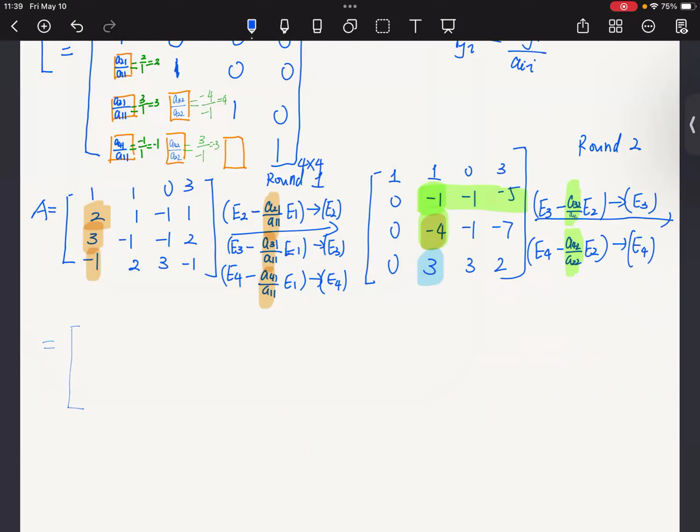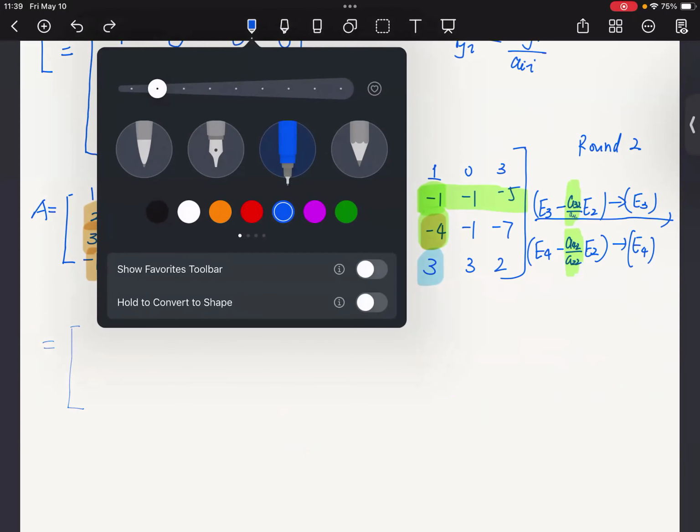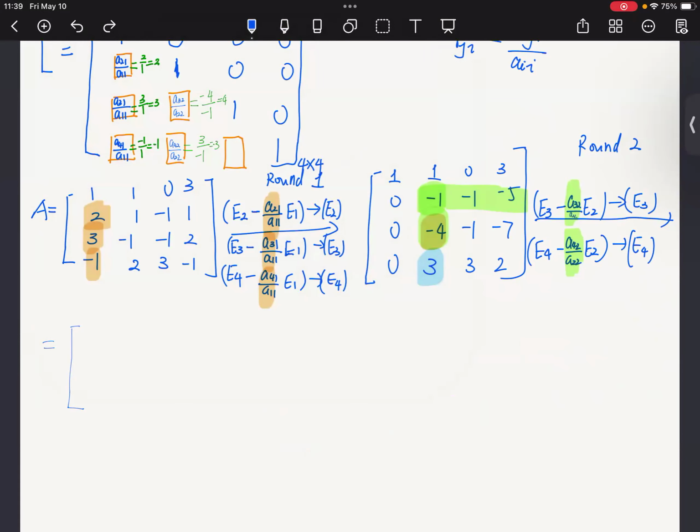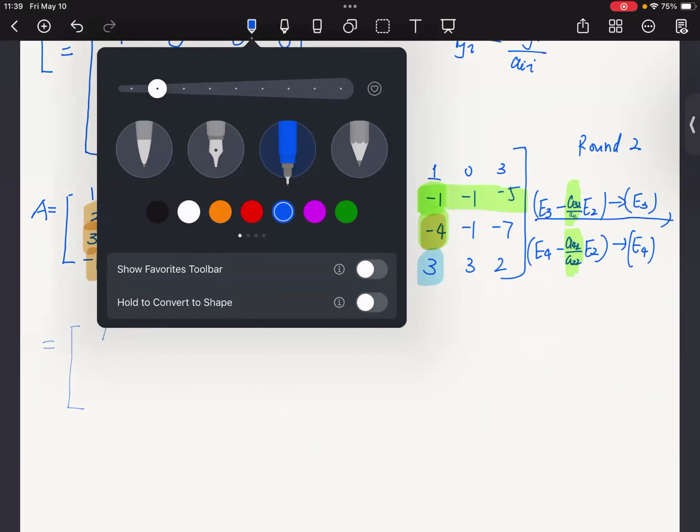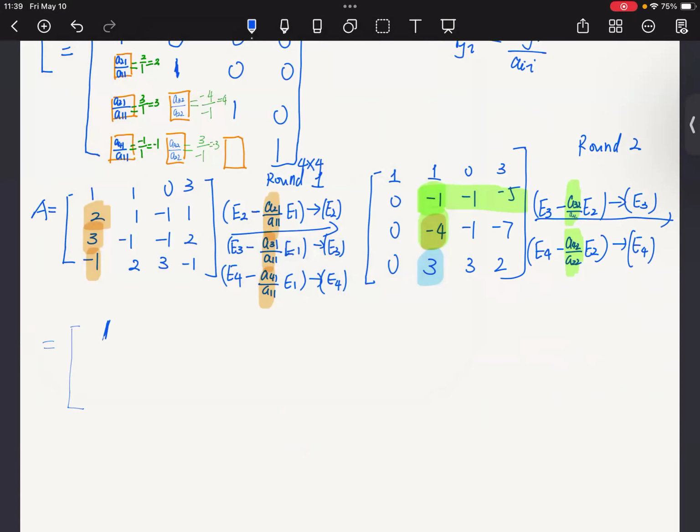The matrix, I got 1, 1, 1, 0, 3. This is after the round 2 row operation here.